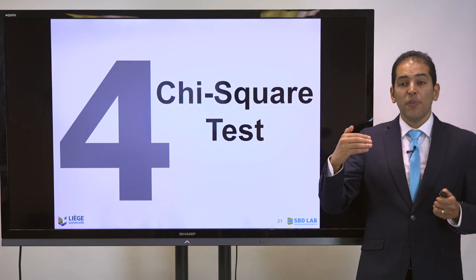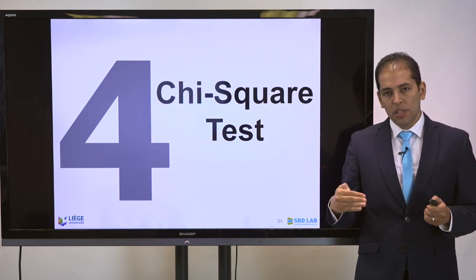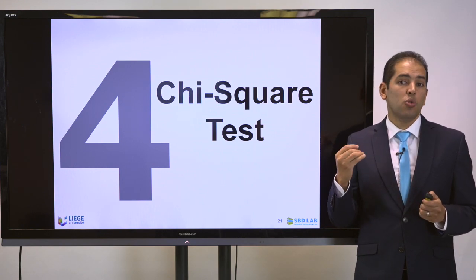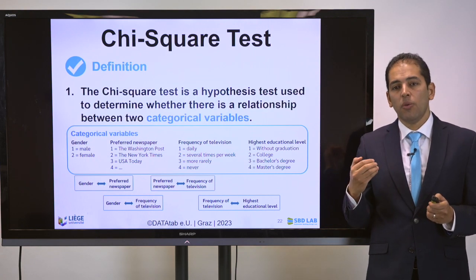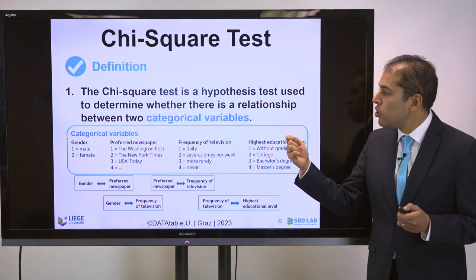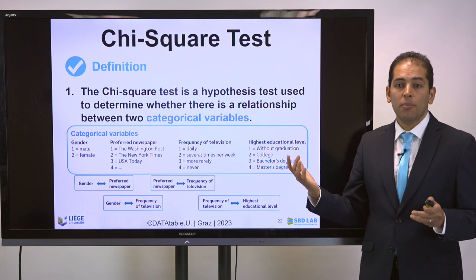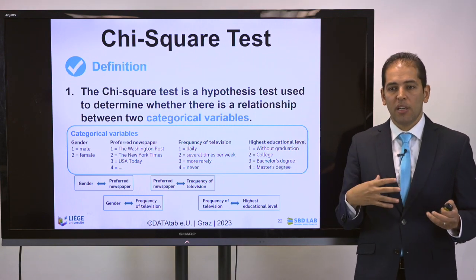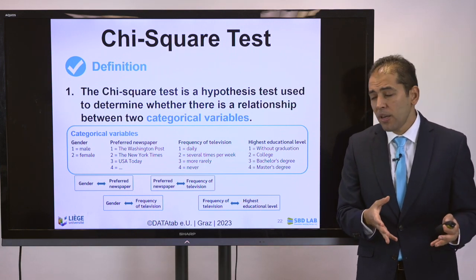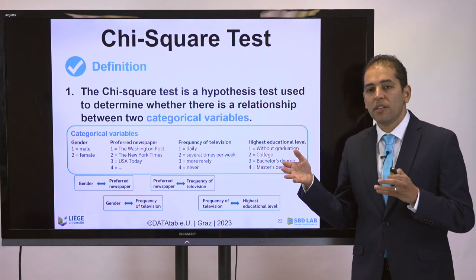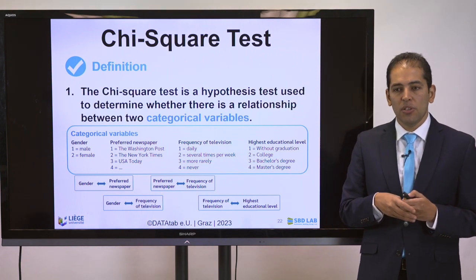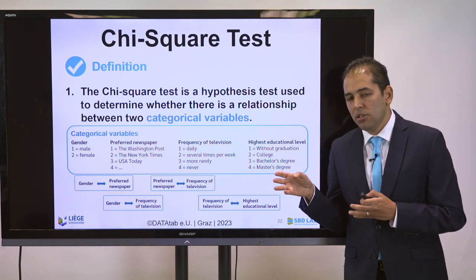Now let's go to the next important test that we need to conduct in our comparison analysis. We need to use the chi-square test. The chi-square test is a hypothesis test that is used to determine whether there is a relationship between two categorical variables. For example, I have gender, which could be a categorical variable, and I have preferred newspaper reading, or the frequency of television use, or the education level.